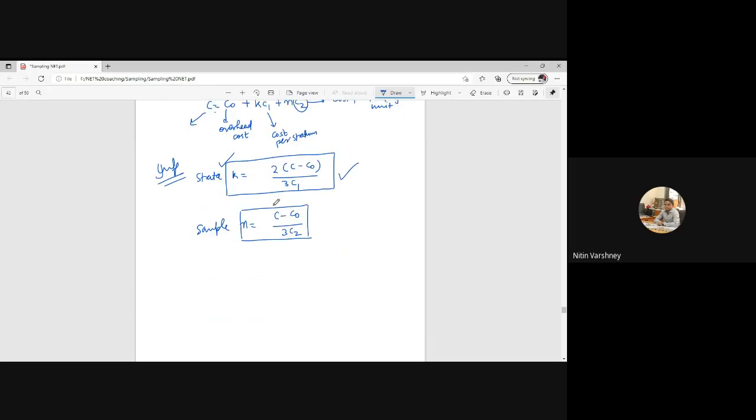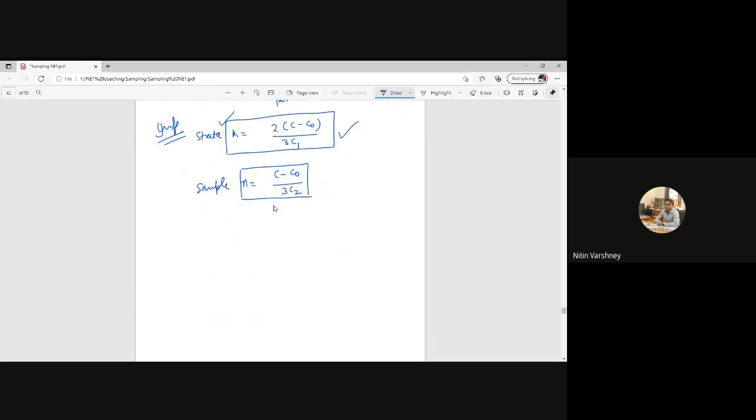Now, next there is one important concept, collapsing of strata. Does anyone know what collapsing of strata is? Anyone?